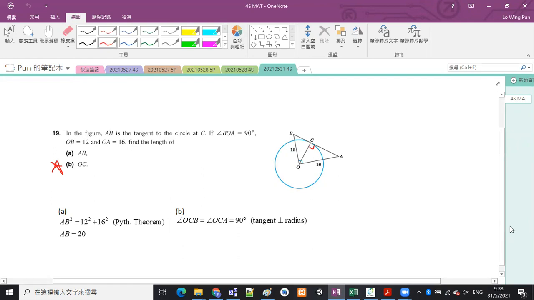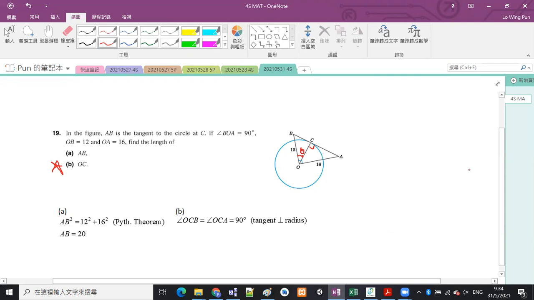I'm going to show that triangle BOC and triangle ACO, these two little triangles, are actually similar triangles. And I'm going to let one of the angles be theta. Please follow and write this down.